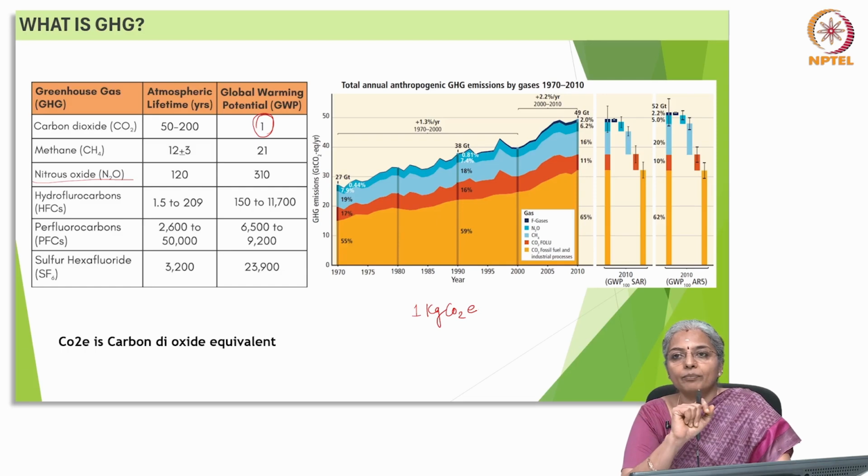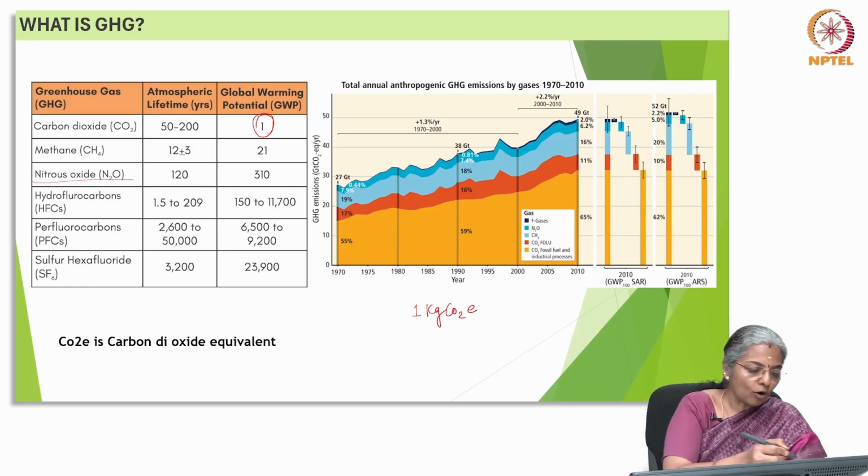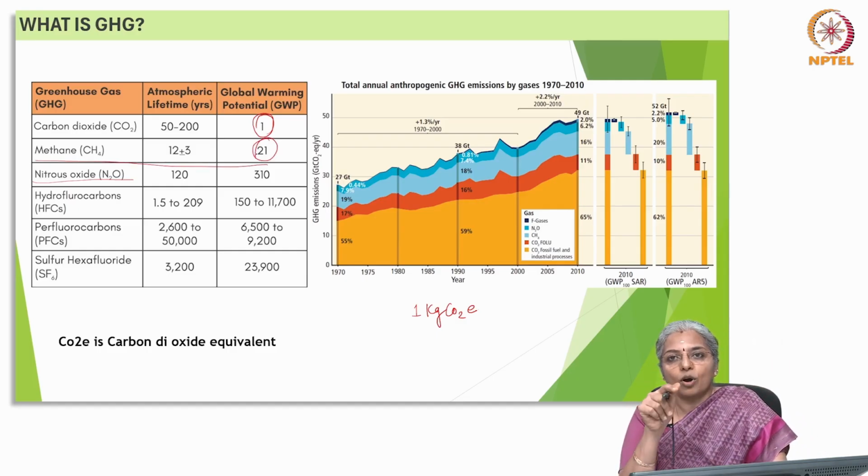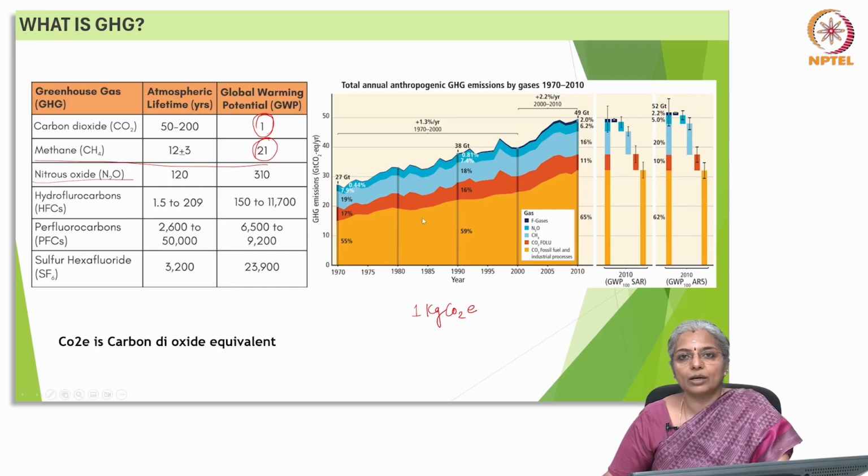For example, 1 kilogram of methane is approximately 21 kilograms carbon dioxide equivalent. So, it is about 21 kg carbon dioxide equivalent. So, CO2e is carbon dioxide equivalent.